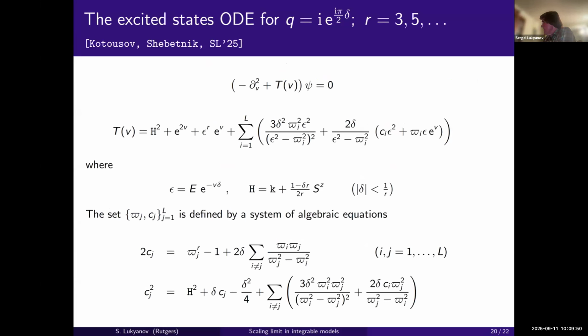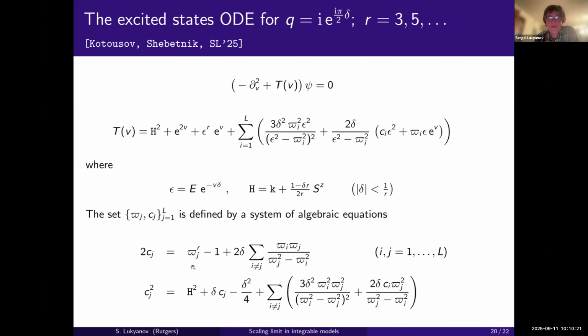So this is a result of our recent work with Gleb Kutaus and Daria Shebetnik, who is my graduate student. This is an equation which contains some additional singularity, an apparent singularity in a certain algebraic equation, for which certain restrictions should be imposed on the position of the singularity.